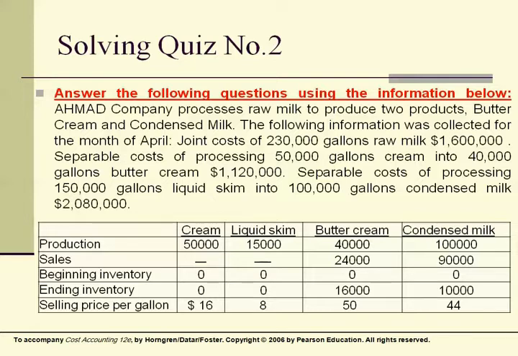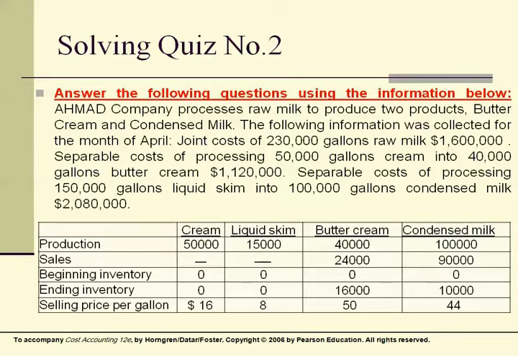Production: 50,000 gallons cream, 150,000 gallons liquid skim, 40,000 gallons butter cream, 100,000 gallons condensed milk. Sales from butter cream 24,000 and from condensed milk 90,000.